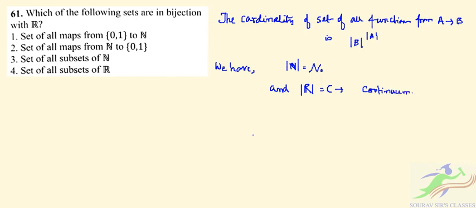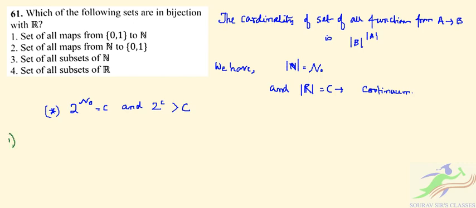Right? So we have 2 to the power aleph-naught is equal to C, and 2 to the power C is always greater than C. Okay, so now check with the options.